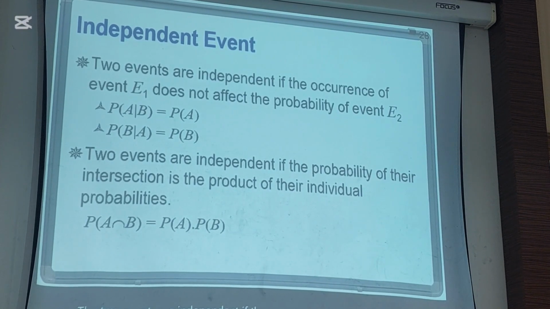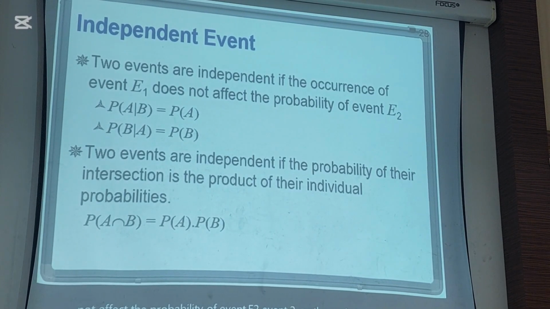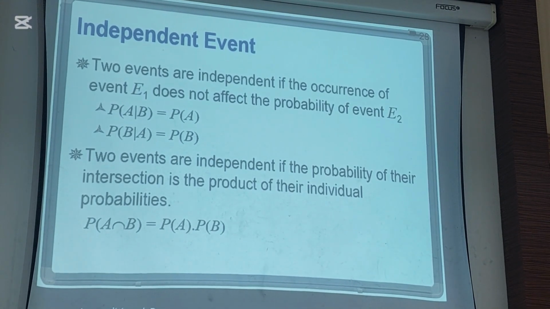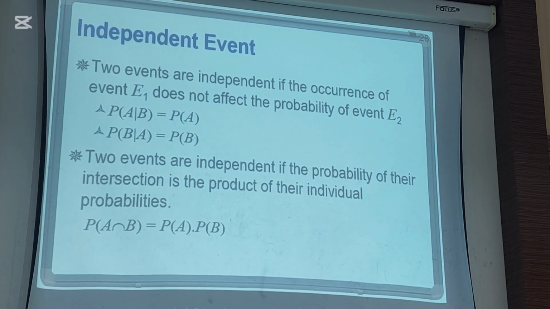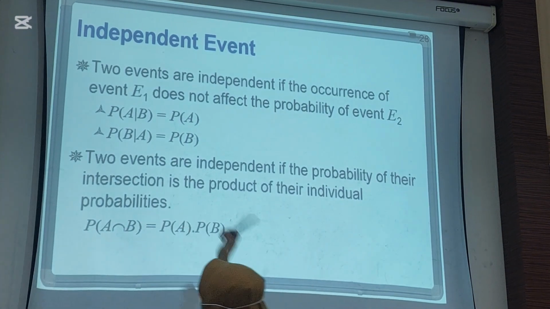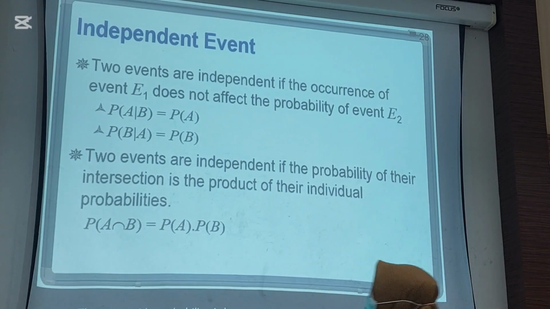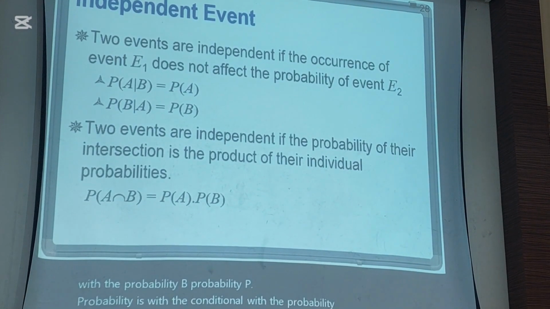So the probability of A conditional on B is the same as the probability of A, because A is independent of B.